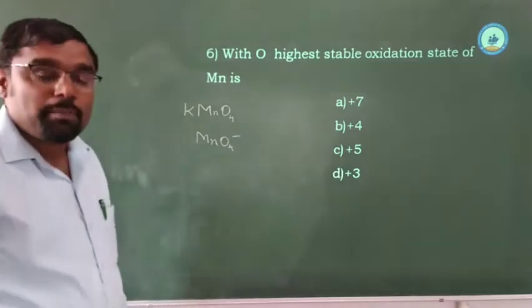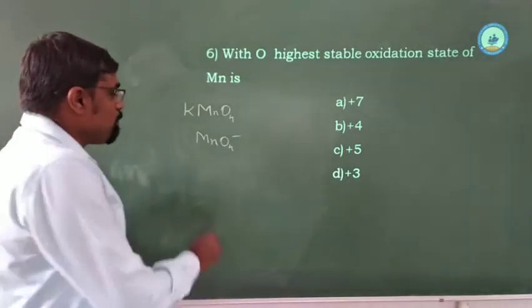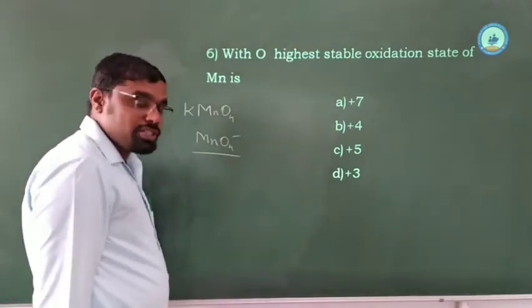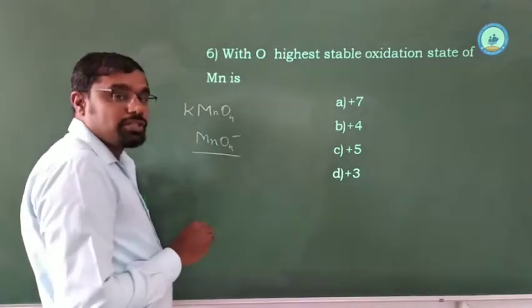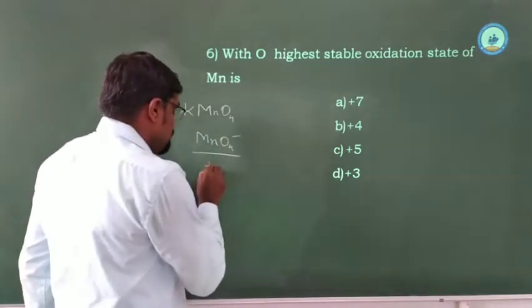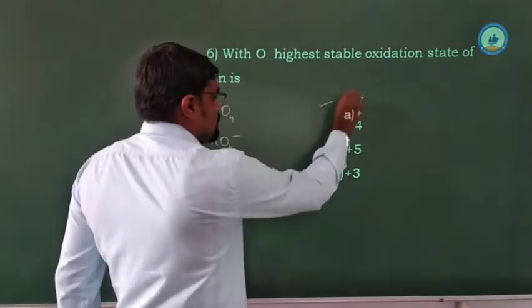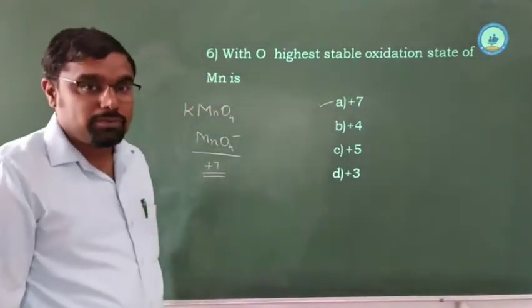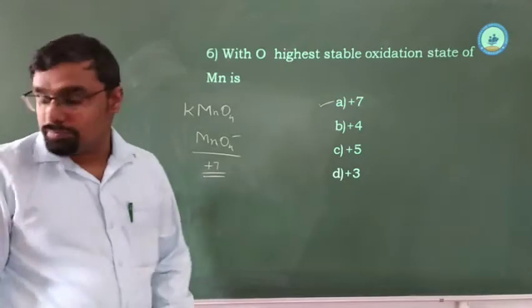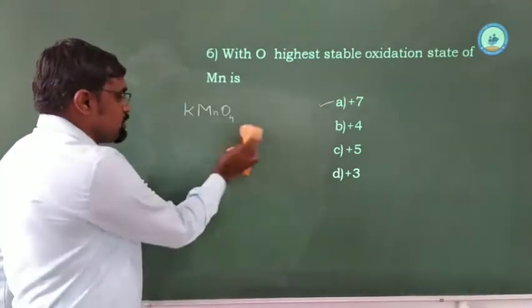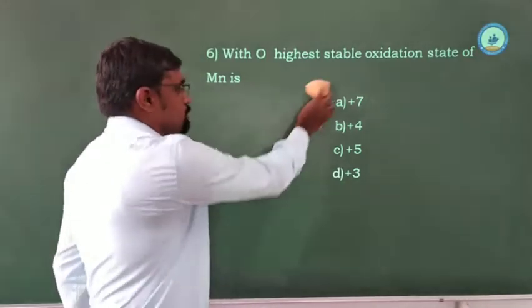In MnO4-, the oxidation state of manganese is +7. So the highest oxidation state is +7, and A is the answer. These are easy questions; you can answer them easily.